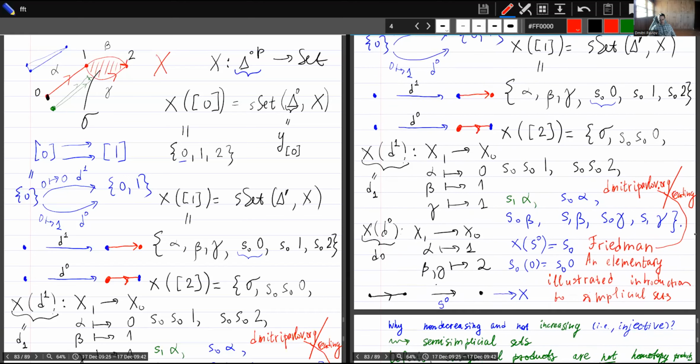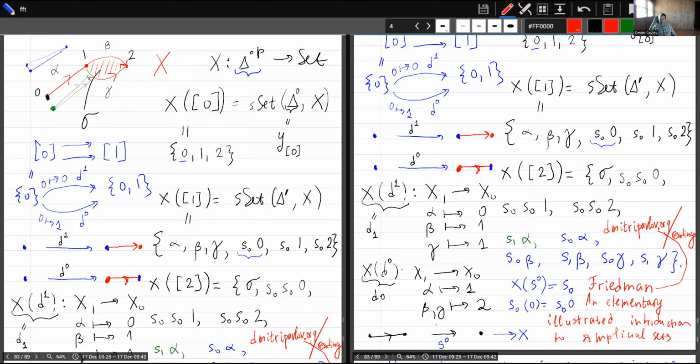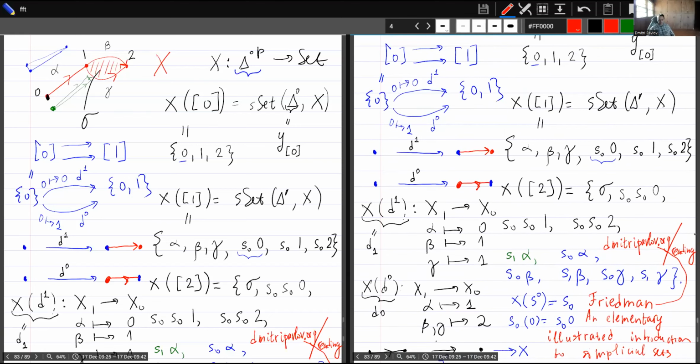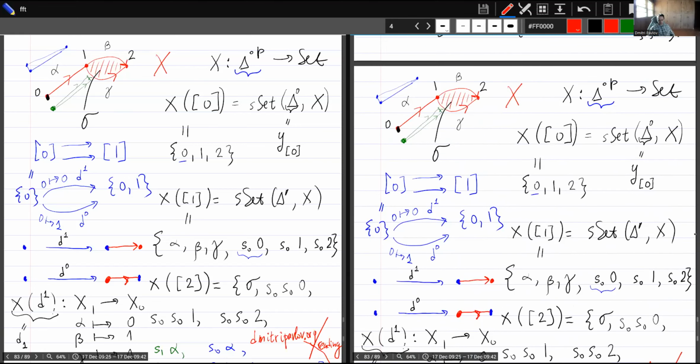Any questions about this example, maybe I should first ask. So in this example, we were sort of teasing out the structure maps from just the ordering of the vertices and the fact that we define simplicial sets to be presheaves on the ordinal category. Yes, exactly. So the point is this picture is already sufficiently rich to see that if you have a one simplex that maps to alpha, since everything is oriented, you can only map in one way.